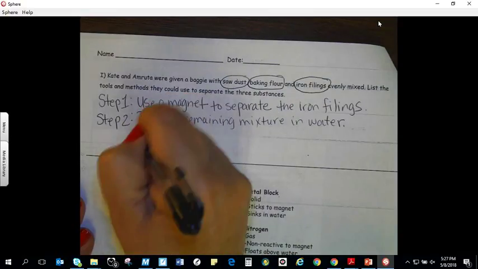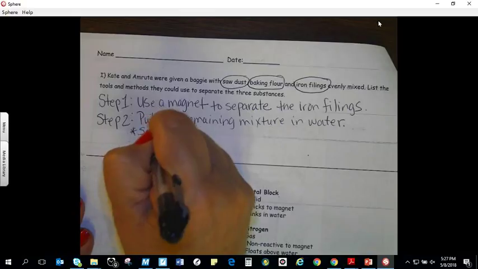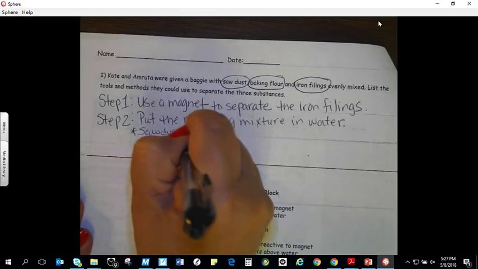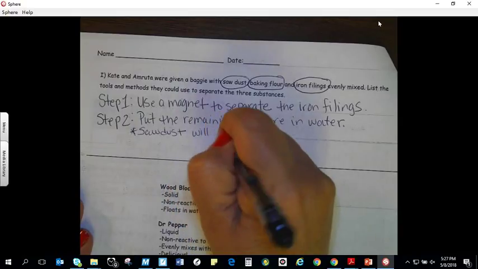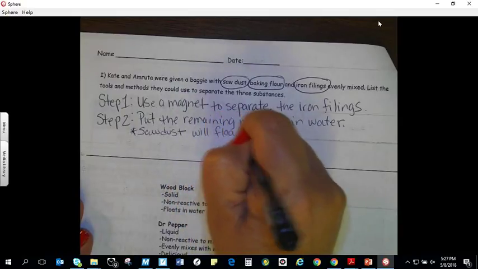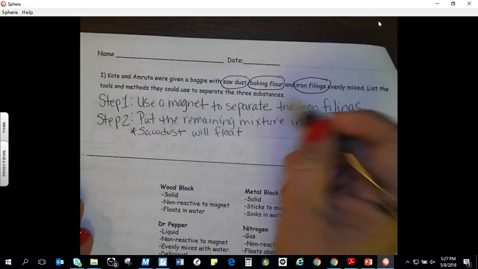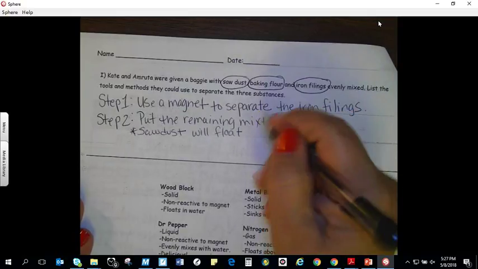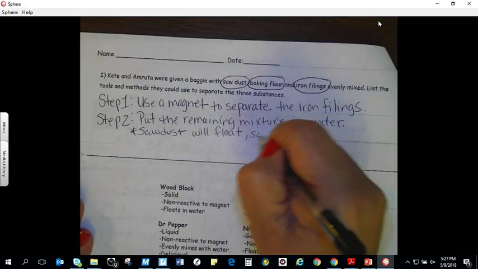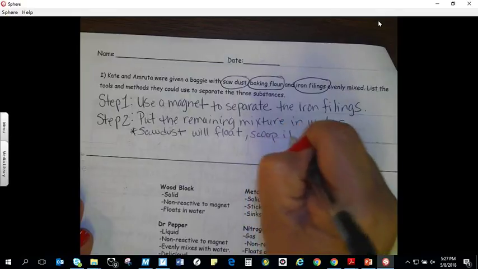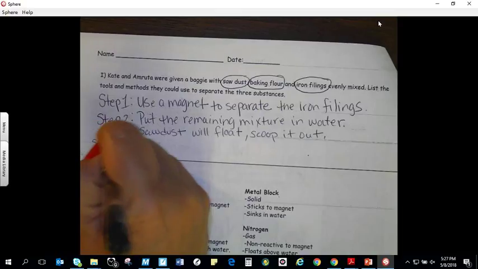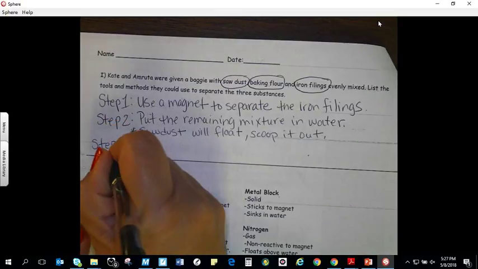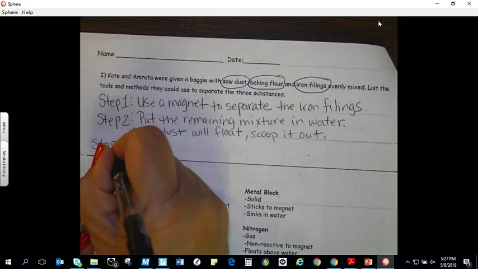Because one thing I'll know is that sawdust is going to float. And because I know that it's less dense than flour, I can scoop it out. And then what's left is just the water and the flour.